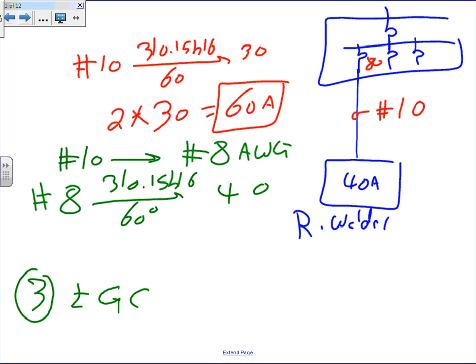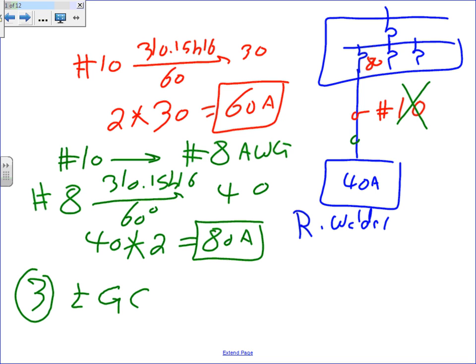Multiply the 40 amp by 2. What would that give you? 80 amps. Have we hit the jackpot? Yes. So this conductor must now be changed to 3 conductors, number 8. Unless you want to put 80 amps here and a 60 amp to protect the conductor, not a good idea.